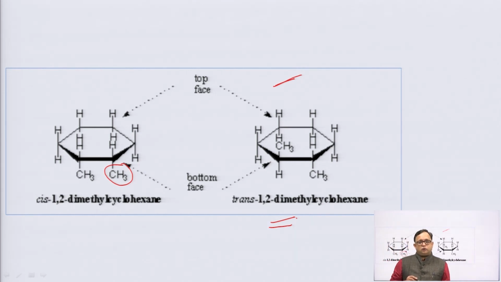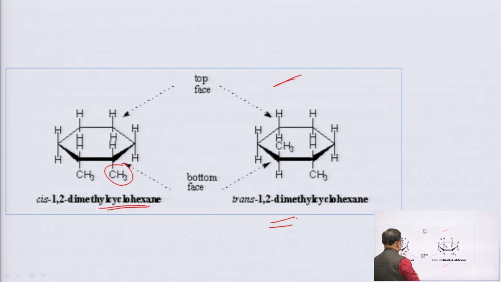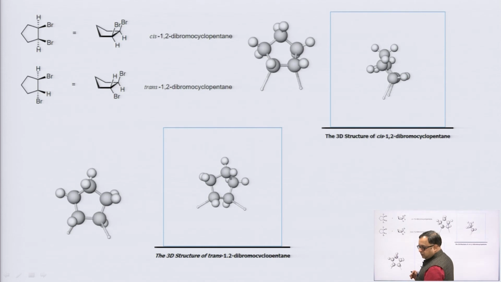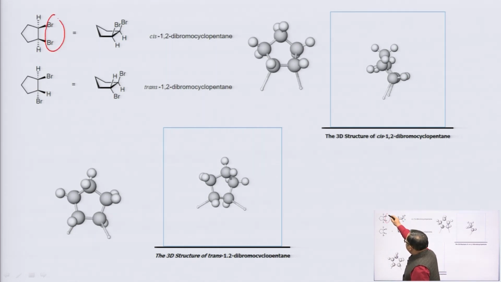That condition is called trans, and if they are facing the same side, then this is called cis. Here you can see this with an example. In this structure, these bromine substituents are facing the same side, but in this one the bromine atoms are such that one is above the plane and another is below the plane.